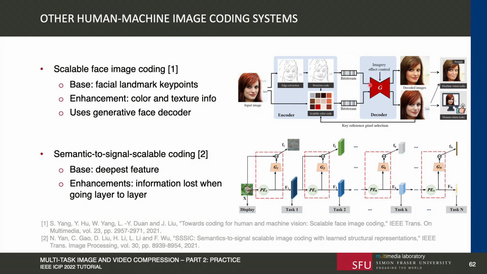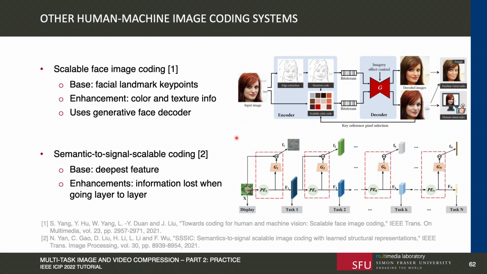So given those key points, the generative decoder will be able to synthesize a face according to those facial landmarks, and that'll be used for face recognition. Meanwhile, the enhancement bitstream contains information about color and texture, which should help the decoder create a more faithful reconstruction of the input image.